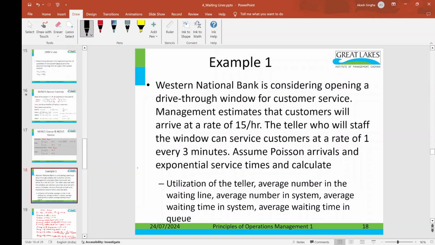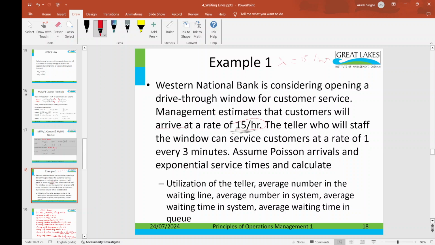Now there is this example. Let me read through the question once. So arrival rate, because it says arrive at a rate: lambda equals 15 per hour.